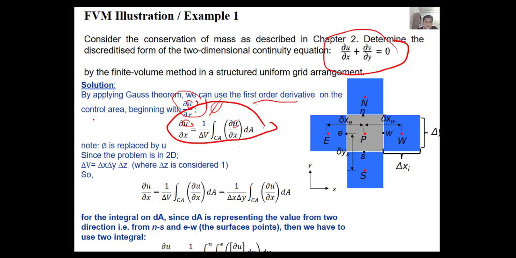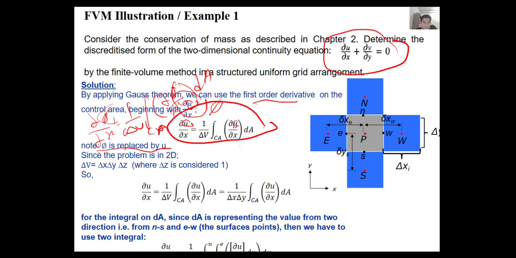Initially the expression is partial psi over x equal to 1 over delta V, the integral over the control volume, then the surface integral of psi over x, dA. I replaced psi with u, so I put notes here. You have to write this in the exam or in your solution, otherwise the reader cannot understand what you are actually solving.